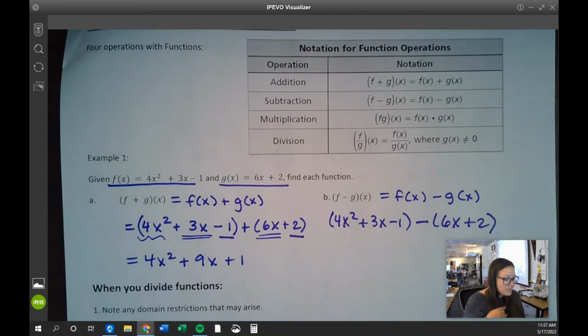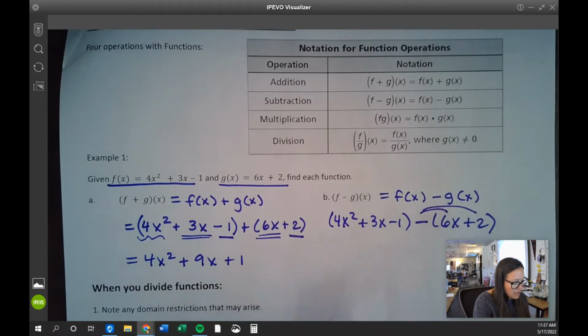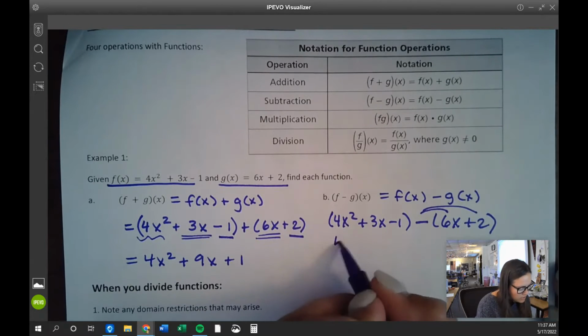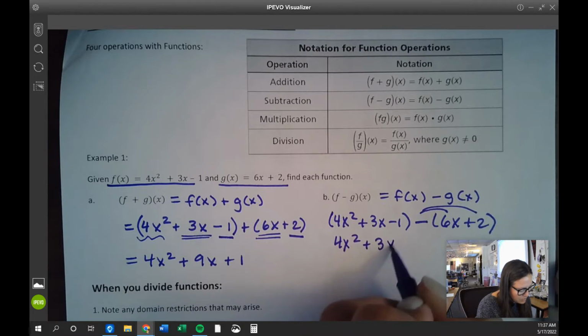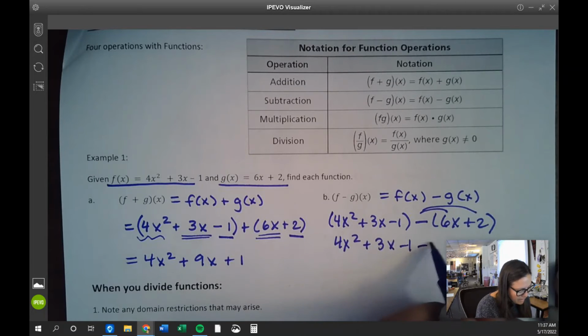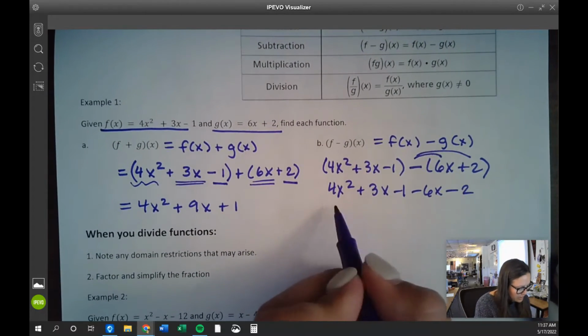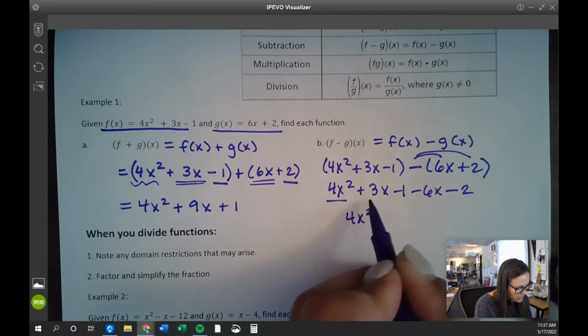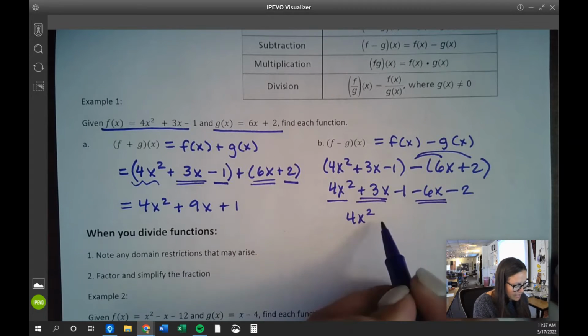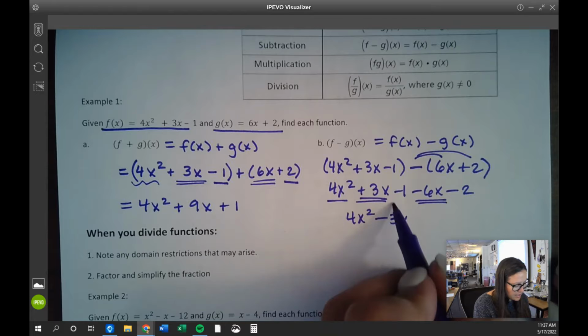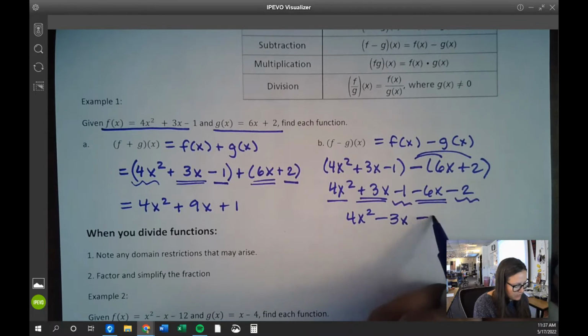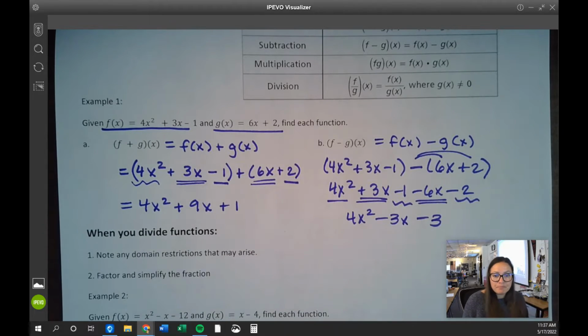What you have to remember is that this subtraction applies to everything in that second parentheses. So this is going to be 4x squared plus 3x minus 1 minus 6x, but also minus 2. Now I can combine like terms. I have 4x squared, 3x minus 6x is minus 3x, and then a negative 1 and a negative 2 to get a minus 3.